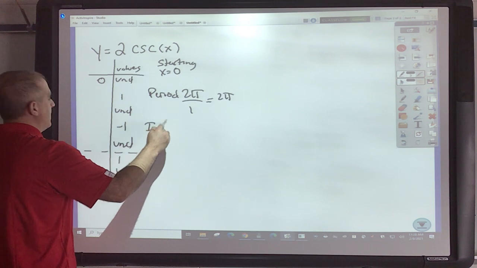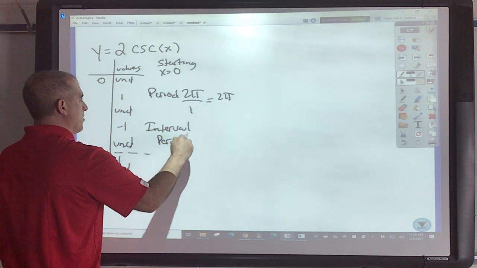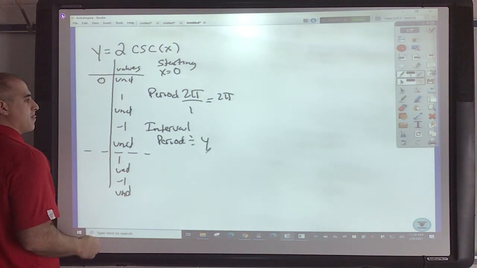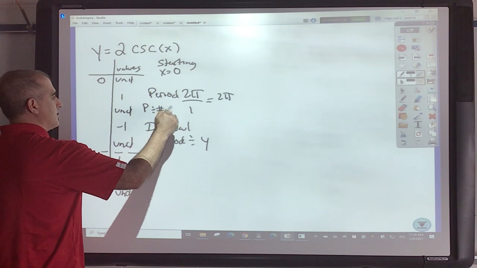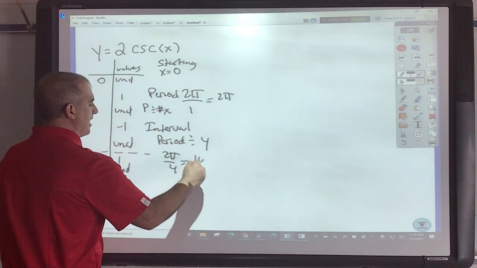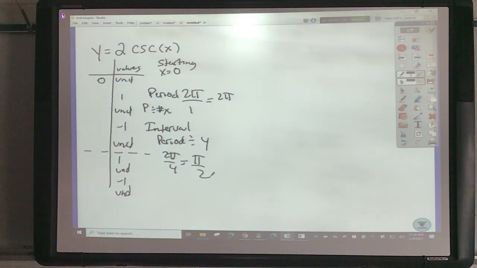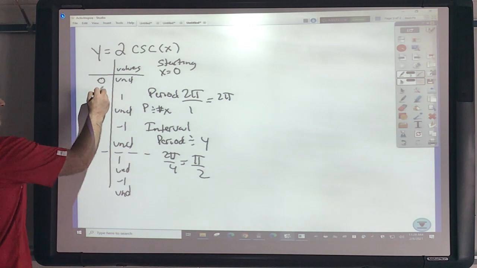To find the interval, that does not change either. We take our period and divide by 4. So I do 2 pi divided by 4, which is pi over 2.